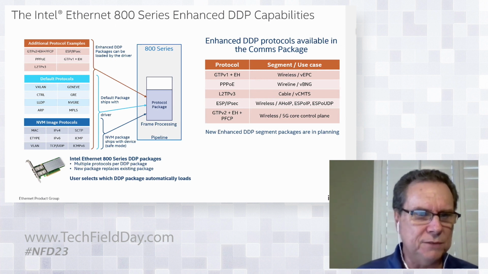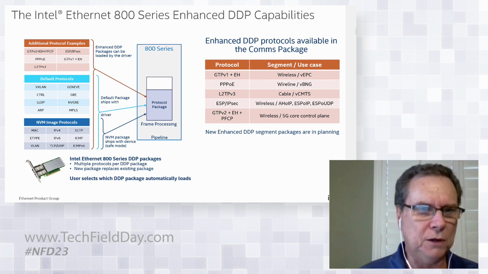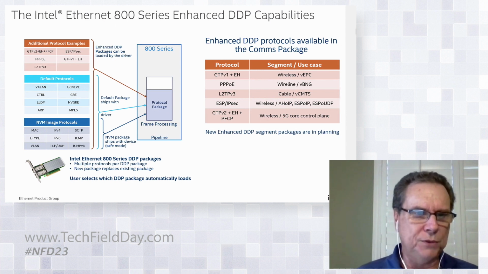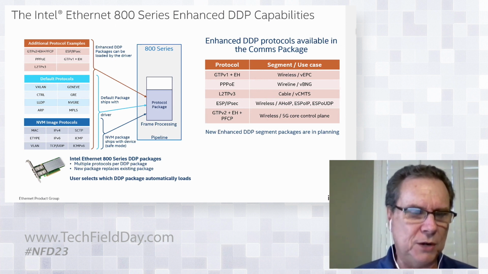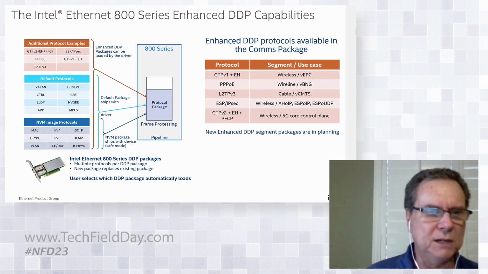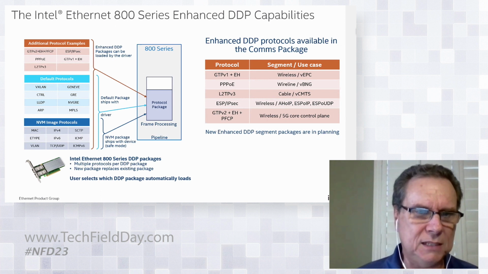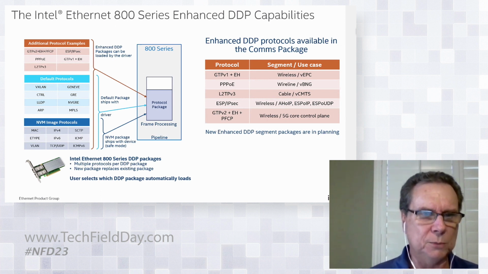Then a superset of that, so the NVM image protocols plus the default protocols would be downloaded with the driver. So our driver OS vendor would come in and provide that package, and when the driver boots, it will actually load that default package into the parser block.